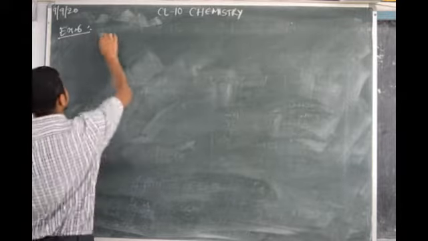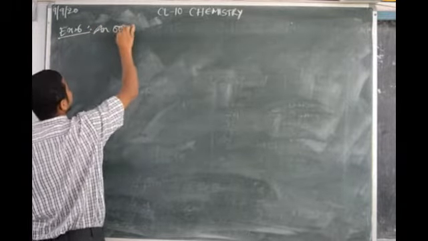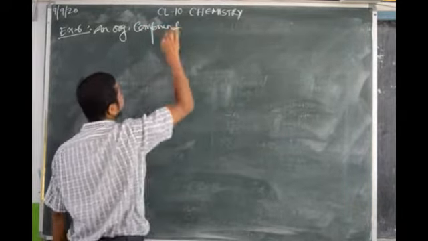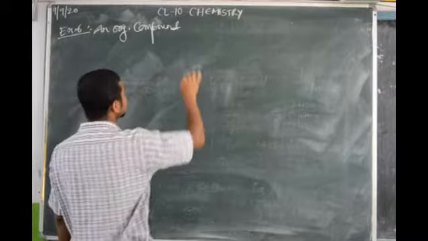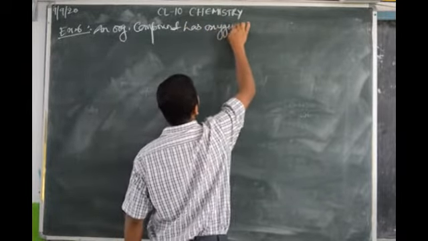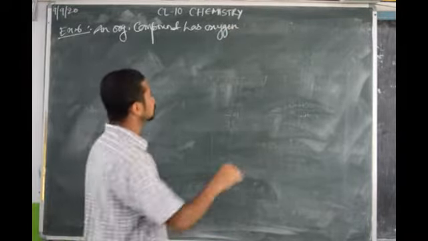An organic compound has oxygen, how much? 26.24%.